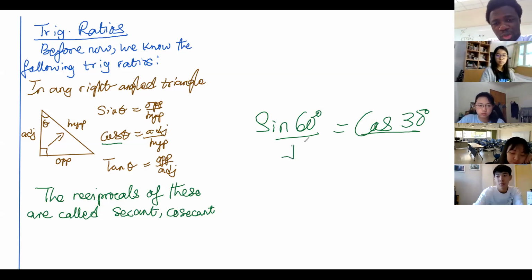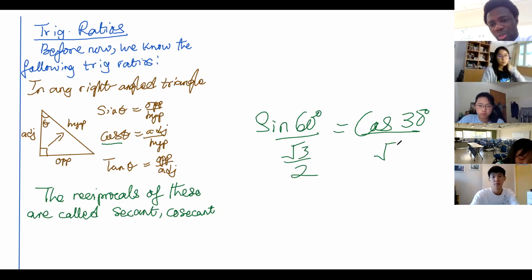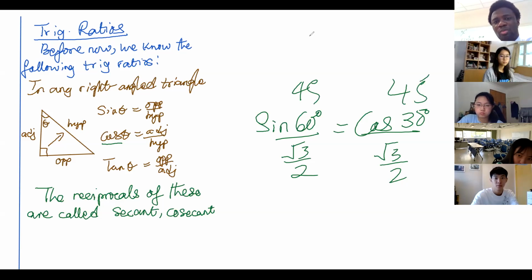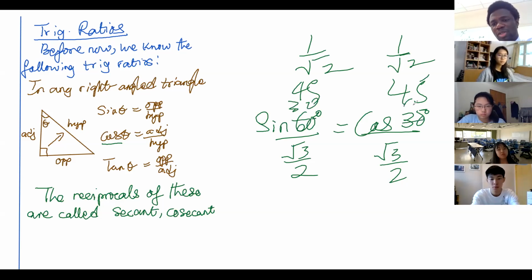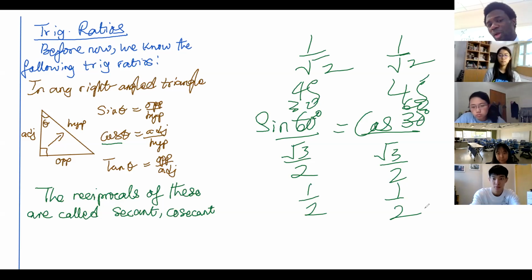This is going to be root 3 over 2. This should also be root 3 over 2. If you use 45, they're going to be 1 over root 2 each. If this is 30, then this must be 60. Then you get half. They are always equal like that.